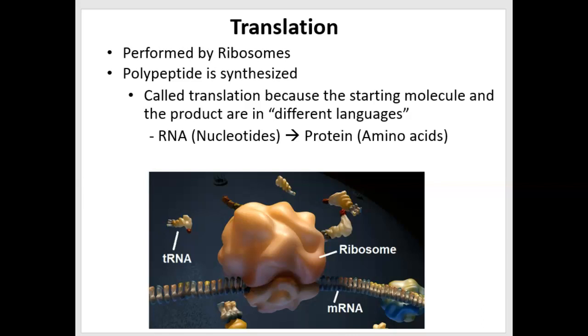During this process, the ribosome reads the sequence of messenger RNA bases and synthesizes the appropriate protein. This process is called translation, remember, because the molecular language changes. Messenger RNA is written in nucleotides, whereas the protein will consist of amino acids.